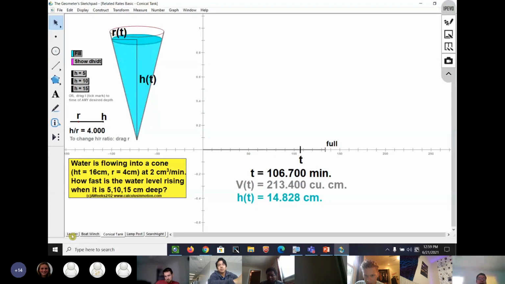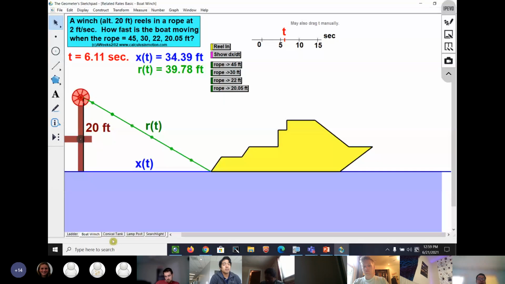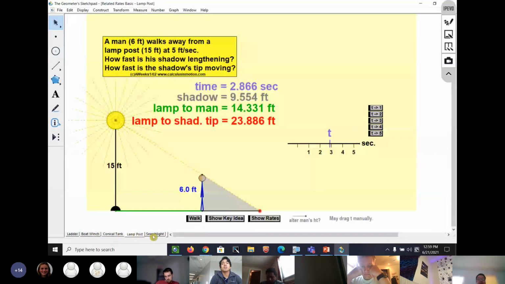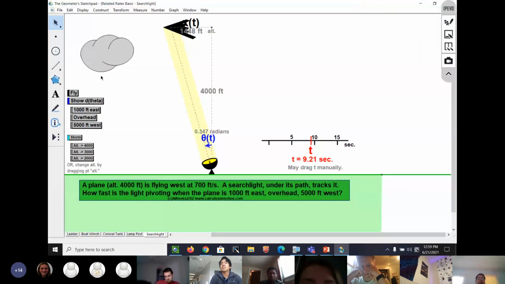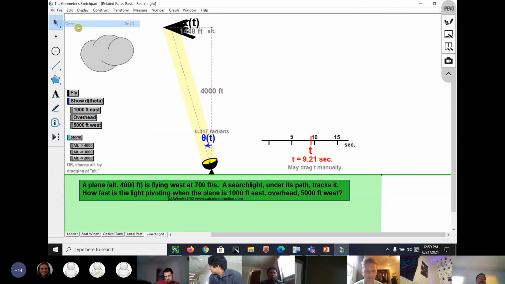And again, you got the ladder, you got the winch, you got the conical tank, you got the lamp post, you got the searchlight. Show you a little bit more so you can see what's coming up. Let's see if we got a cylindrical tank. Let's open.